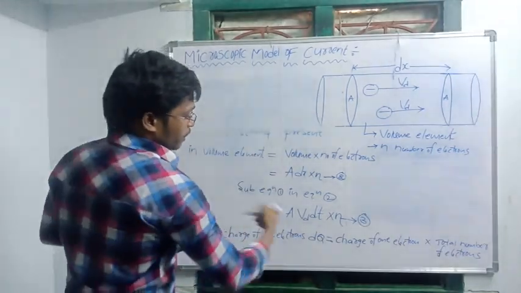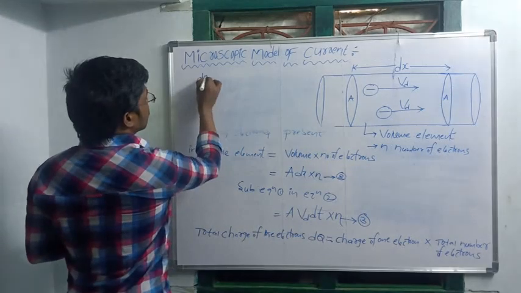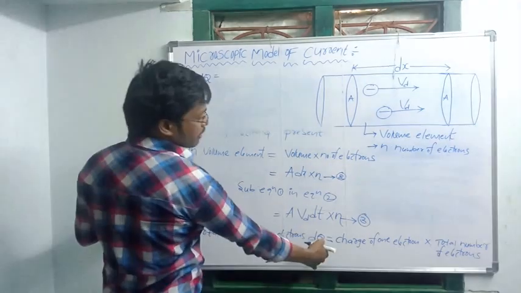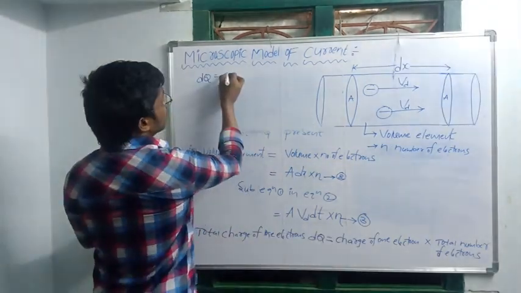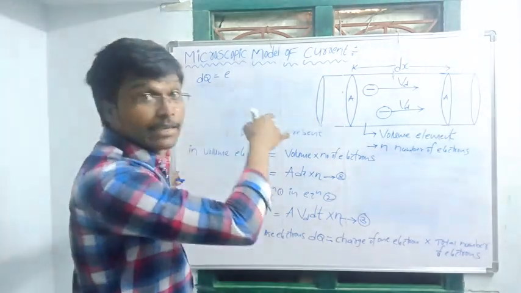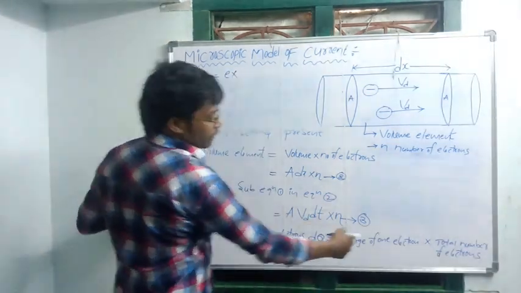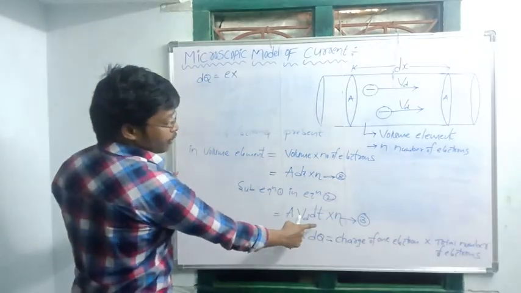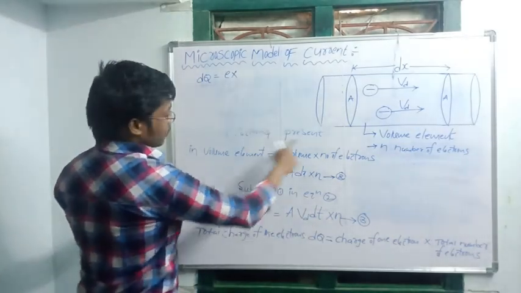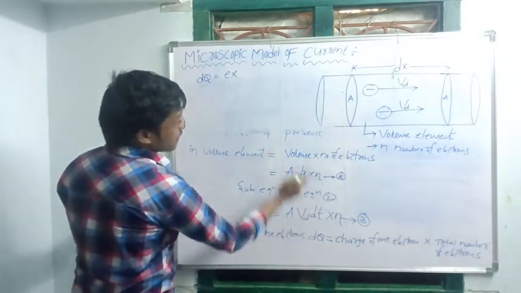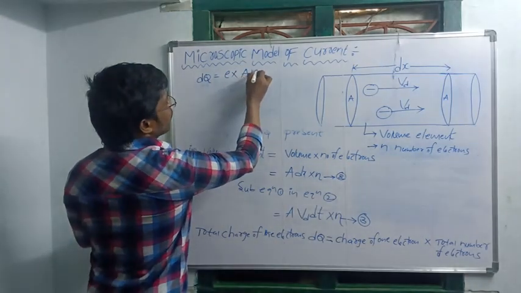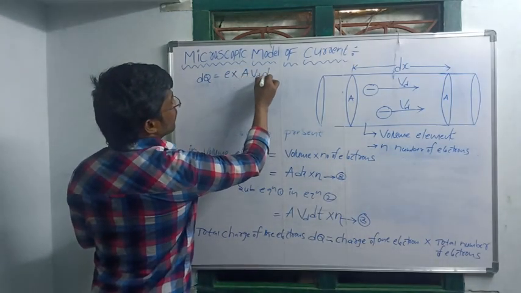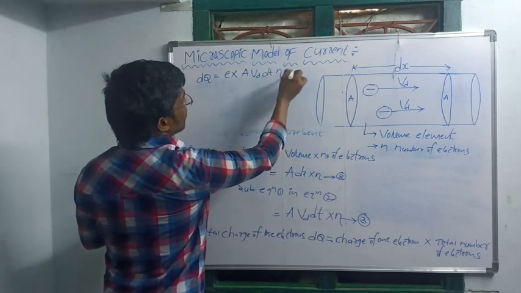Charge of electron we indicate as e, into the total number of electrons present in the volume element, which we already found: A Vd dt n.